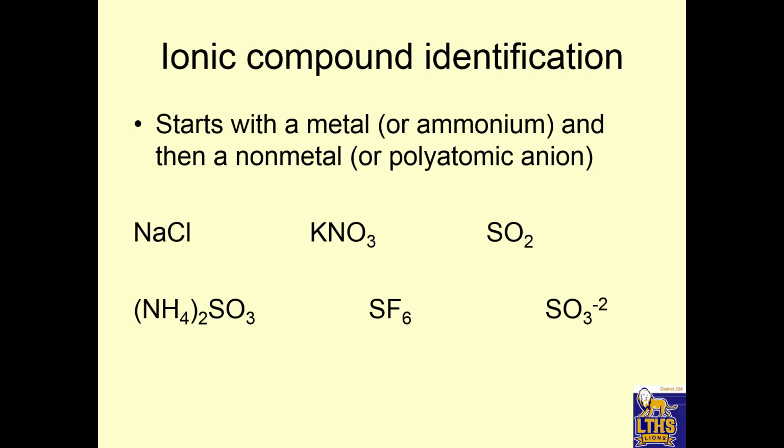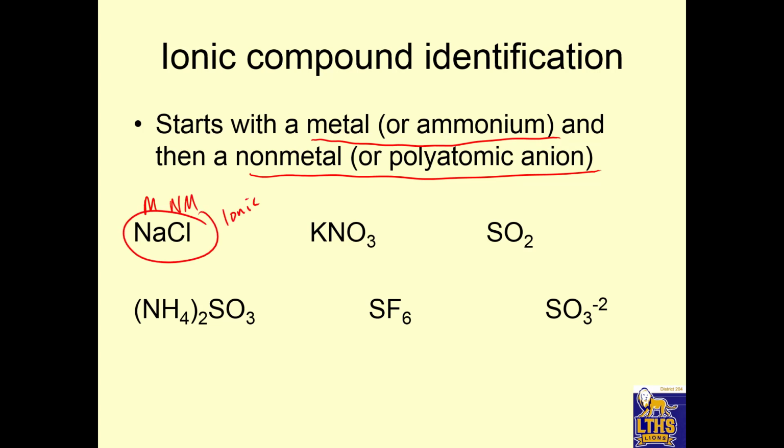How do you even know you have an ionic compound? You're looking for a metal or ammonium, and then a non-metal or polyatomic ion. So, oh look, it's a metal and a non-metal. Boom, ionic compound. Now, metal and polyatomic ion, boom, ionic compound. Okay, so we have a non-metal and a non-metal.